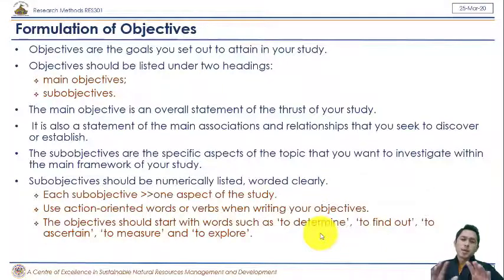So again, do not keep objectives more than 4. At the max 3 is best, but if you cannot do with 3, then please go maximum till 4. I recommend only to keep till 3, 1 main objective and 3 sub objectives.